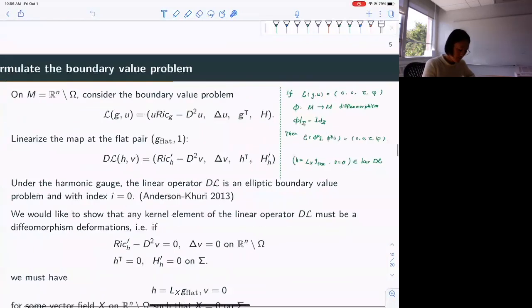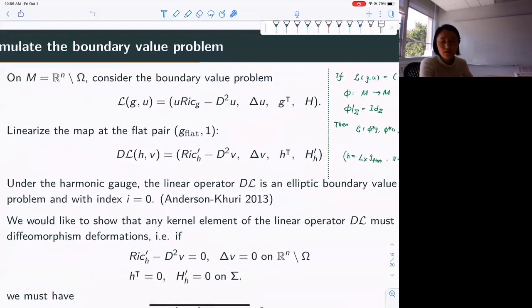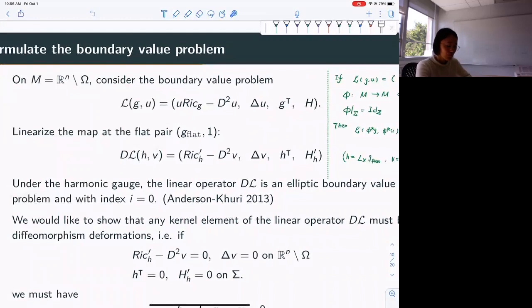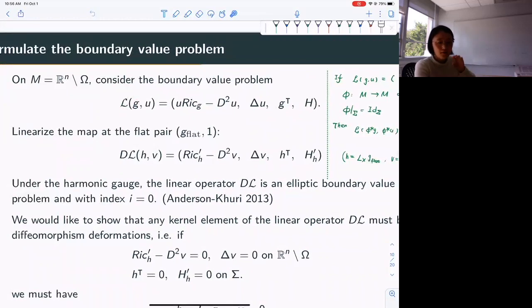It was proved by Anderson and Khuri that under the harmonic gauge, this linear operator is elliptic, in the sense that the kernel space has finite dimension, the cokernel also has finite dimension, and the index is actually 0. Therefore, to prove local isomorphism for this nonlinear map, we want to show that modulo gauge, or modulo those kernel elements generated by diffeomorphisms, this linear operator has zero kernel and is an isomorphism.